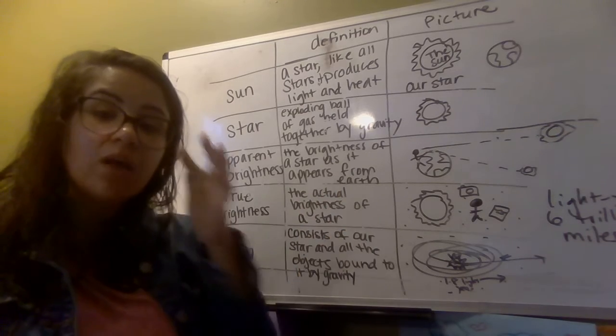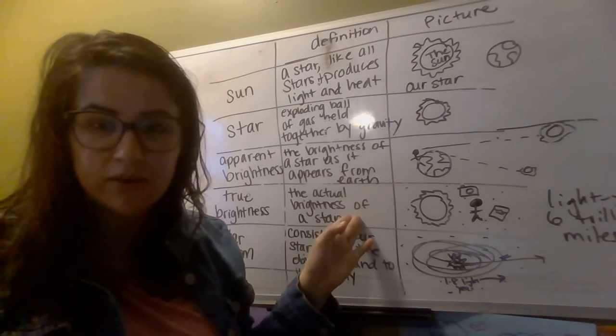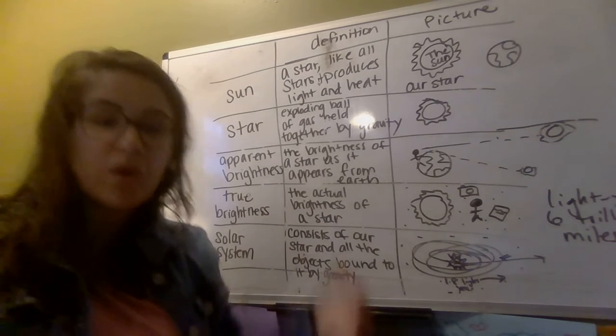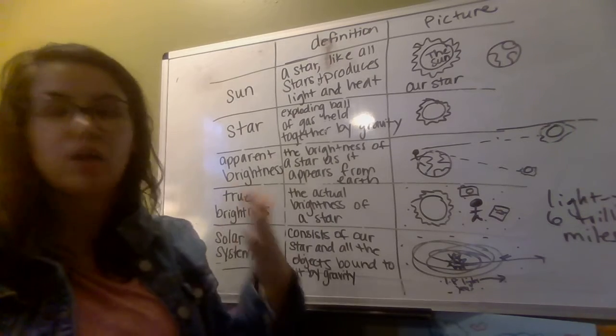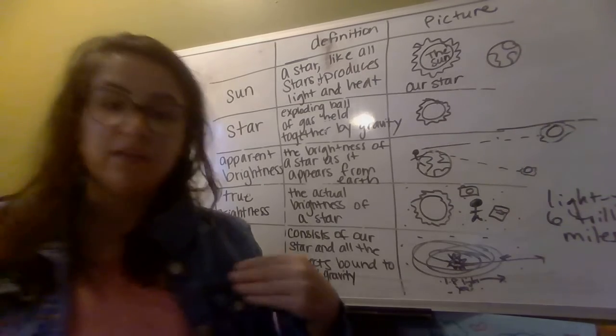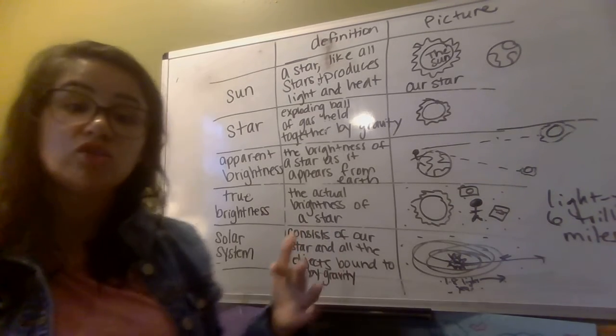The closest that we have come to seeing actual brightness is when we view the sun during the day. And that's still not actually seeing its true brightness, because the Earth is how many miles away? Oh gosh, 95 million miles away from the sun. So we are still not seeing its true brightness.